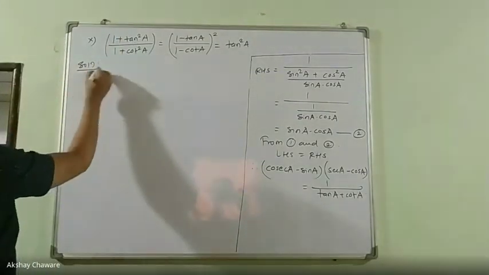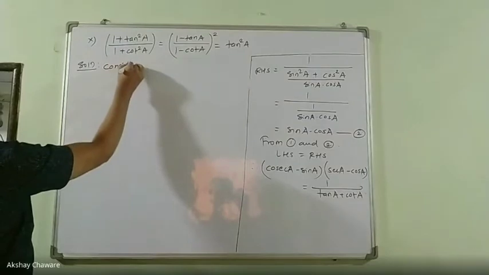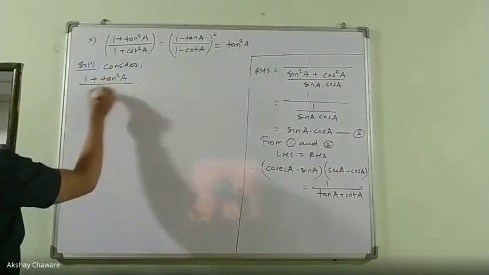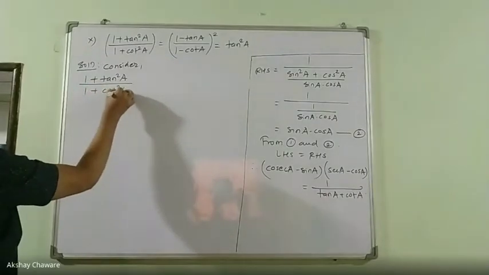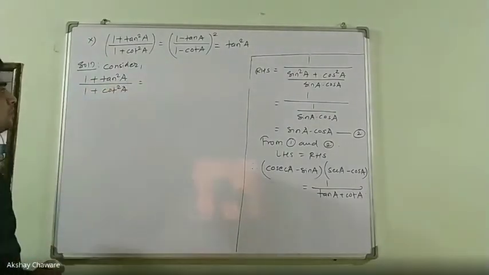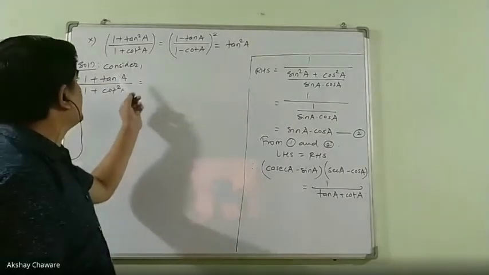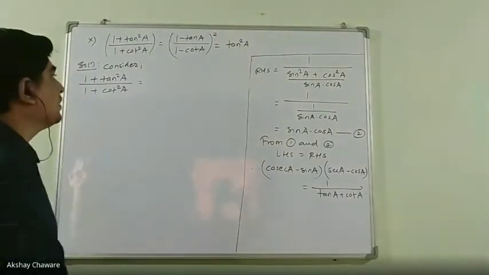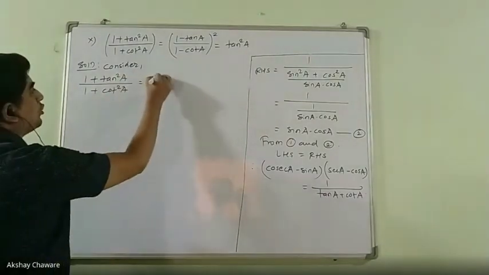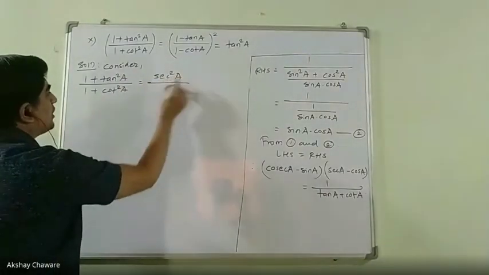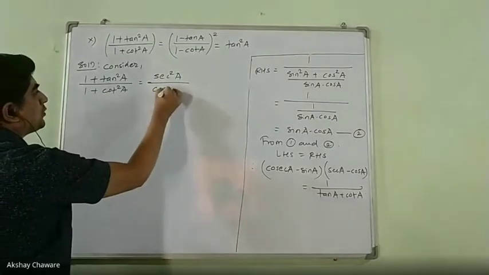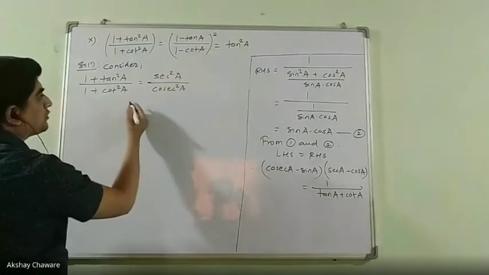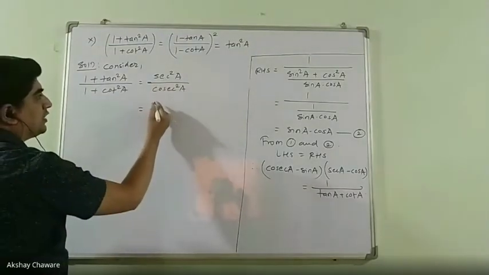Okay, so let's separate each and every statement. First, consider 1 plus tan square A upon 1 plus cot square A. We want the answer in terms of tan square A. Now 1 plus tan square A is sec square A, and 1 plus cot square A is cosec square A. Let's convert these into sine and cos.